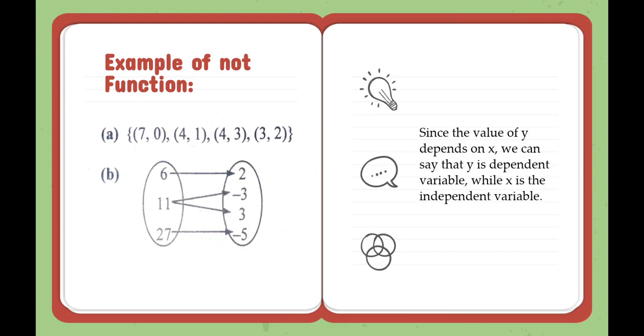Hindi po pwedeng maulit. Kaya siya tinawag na independent variables. Why? While the y values is dependent variable, ibig sabihin, dapat nakadepende yung y values natin sa x values natin. Kaya siya tinawag na dependent variable.